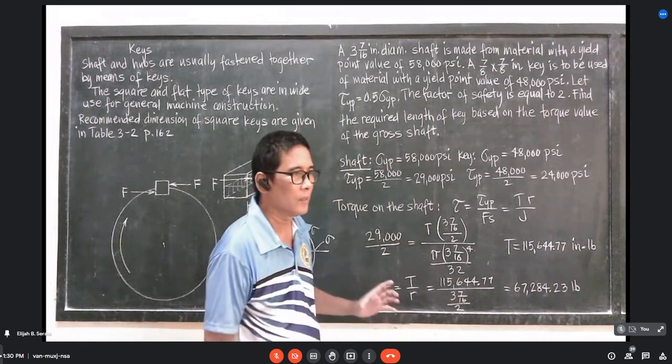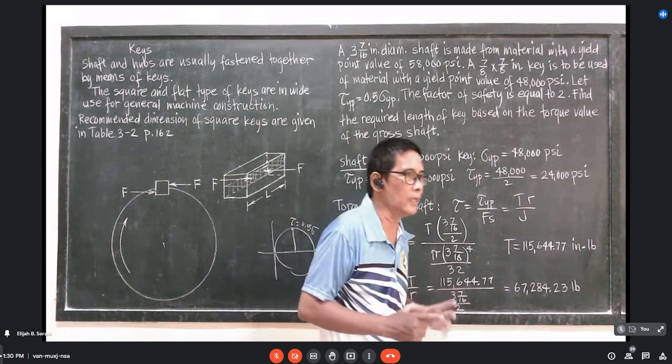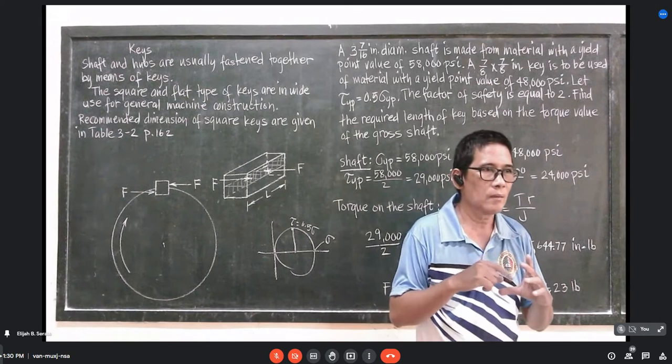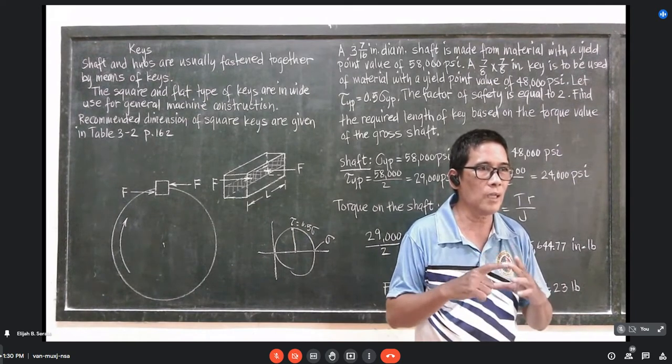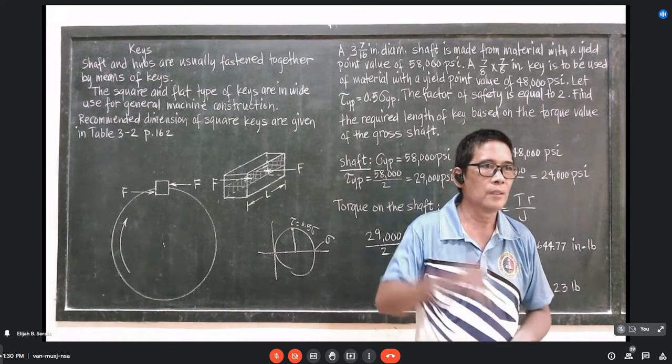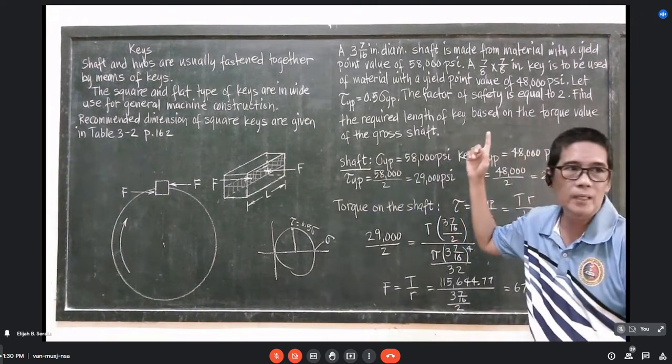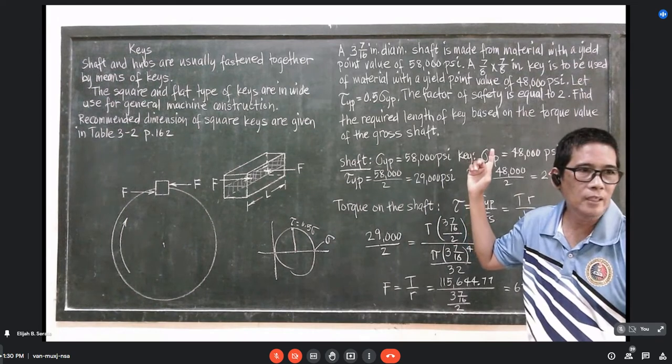Now, what is being given here is that the torque value is based on the gross shaft. Meaning, another way of explaining that is: what is the torque on the shaft that will give you the yield point of the shaft?